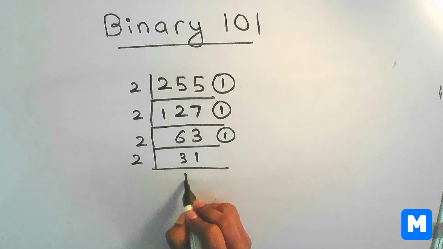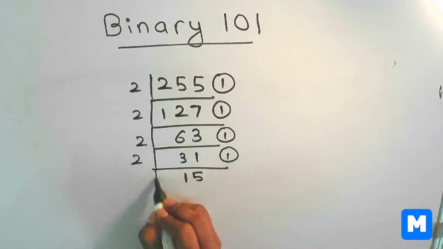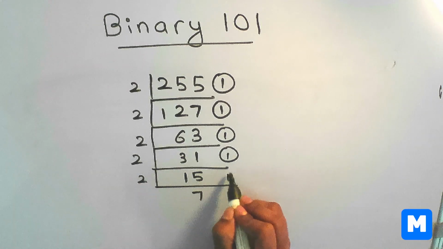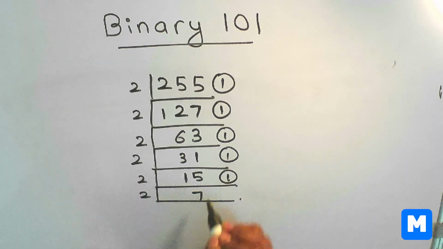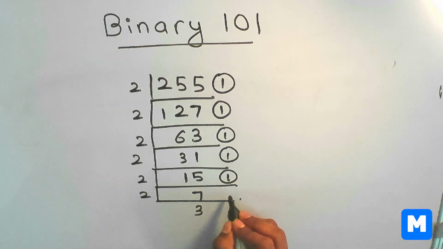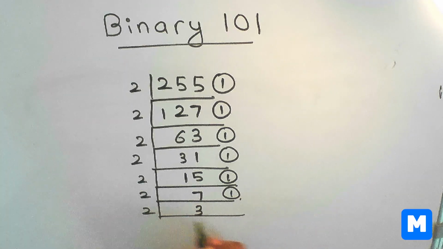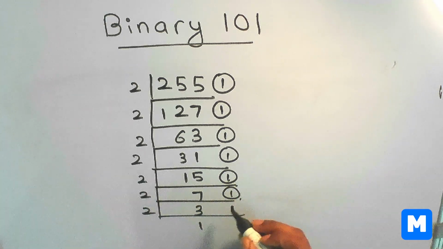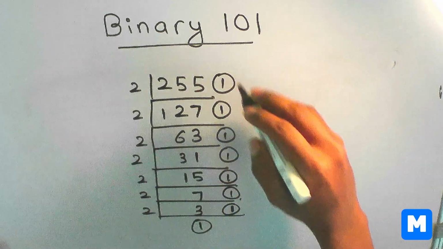Keep continuing the process, remainder noted as 1, and so on, down to 3 and 1, and lastly 2, 1 and 1. So in this case, everything came out to be 1.